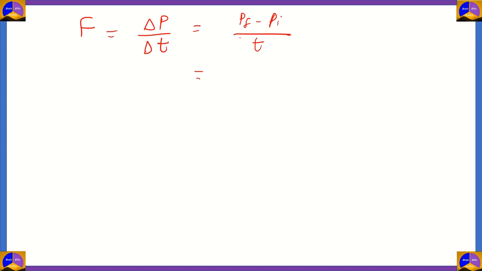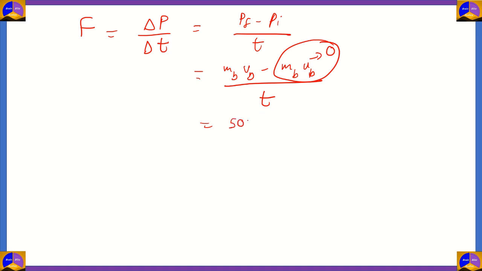Since we're looking at the bullet here, P final means mass of the bullet times velocity of the bullet, minus mass of the bullet times the initial velocity, which we know to be 0 because the gun and the bullets were at rest before firing, divided by the time t. So we can completely disregard this term, and we just have m_b v_b divided by t to consider.